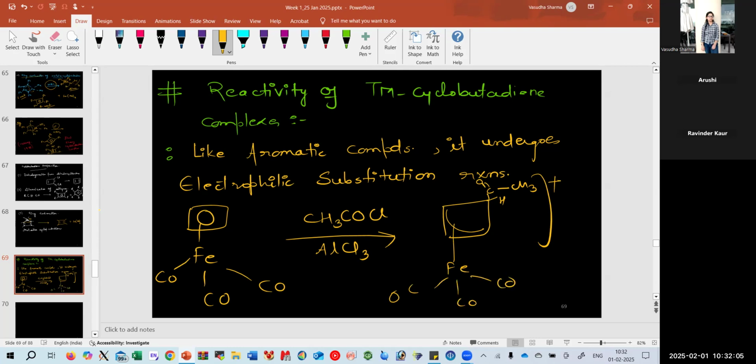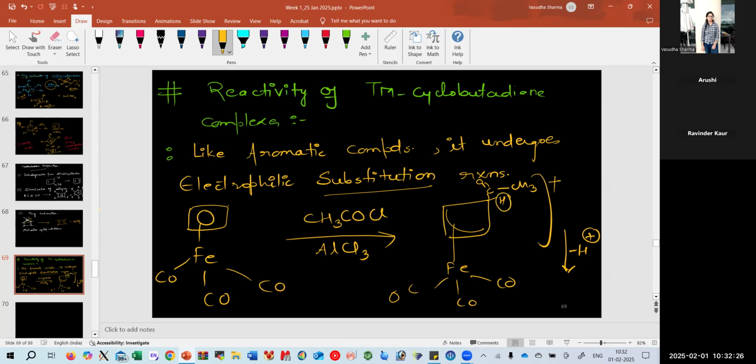Because this electrophile has been attacked by the double bond of carbon and carbon. Once this is there, it would release H positive. That means substitution, meaning the positive electrophile CH3CO would replace the proton.